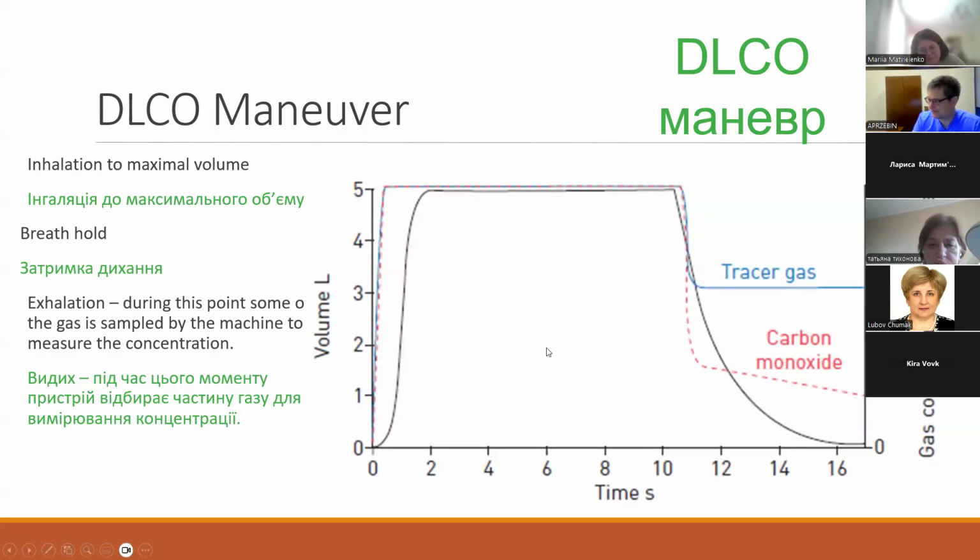So you can see, for example, this inhalation to full and this breath hold for about 10 seconds. And then the exhalation, there is a tracer gas and carbon monoxide here. And the machine will measure the concentration of these things during the exhalation period.